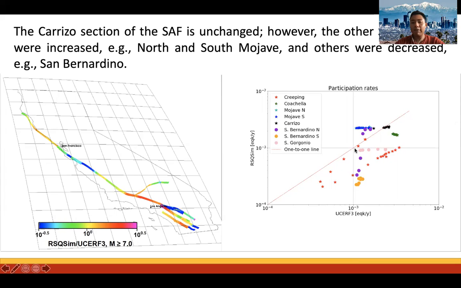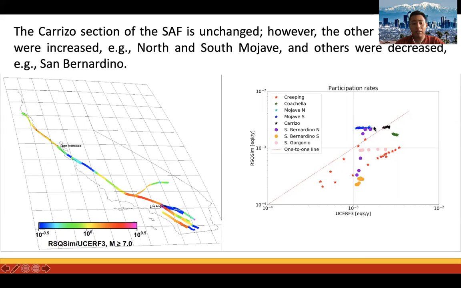We also have the opposite behavior, in which the posterior rates were increased. They are above the red dash line here, and let's focus on the blue stars here, which represent the results for the South Mojave section. We also have the North Mojave section there, but they are covered by the South Mojave results.